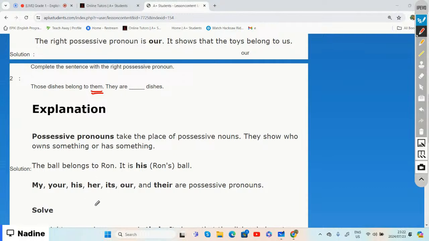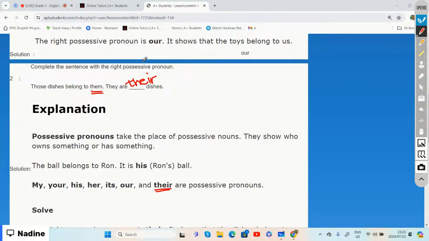All right. So, which means if we were to choose our correct possessive pronoun, then we would say those dishes belong to them. And if the dishes belong to them, then we say it is their dishes. Because if it belongs to them, then it is their dishes. It's something that belongs to them. But instead of saying it is them, we say it is their dishes because it belongs to them. Right?